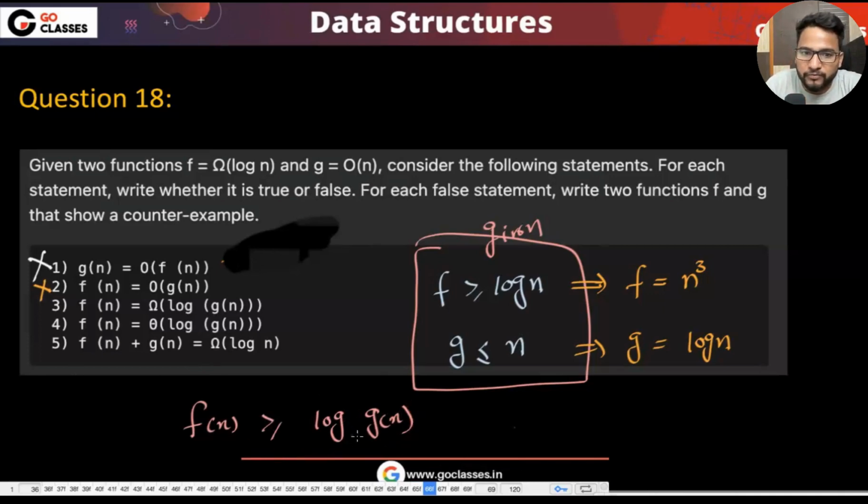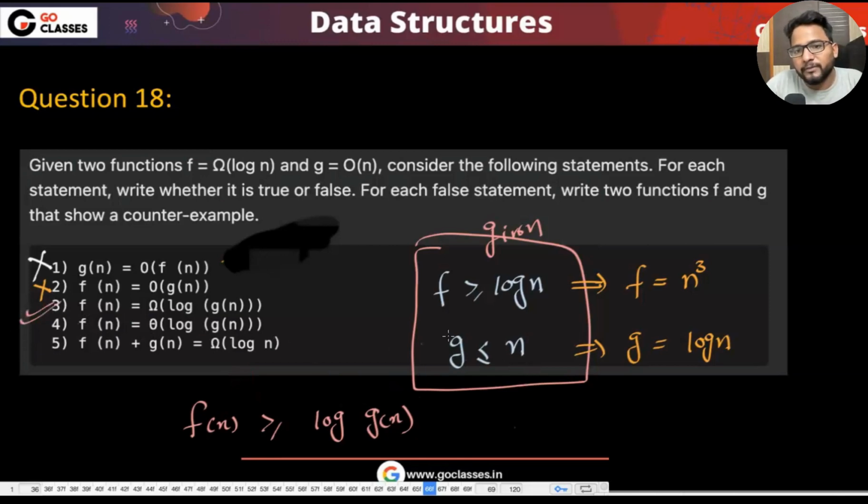You take the maximum of G and the minimum of F. To make it false, you will take the minimum of this, since this is greater. Even if you take it log n, even if you take the maximum of this, it is still true. You cannot make it false. So that's a good example. So C is true.